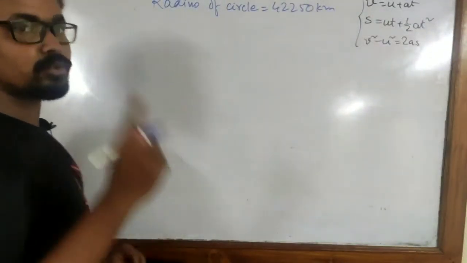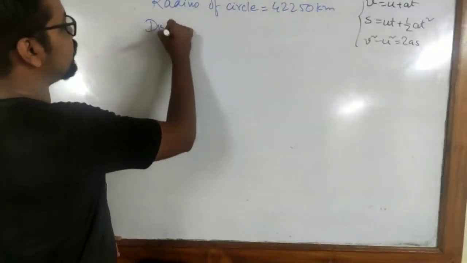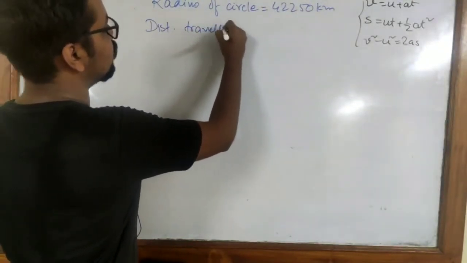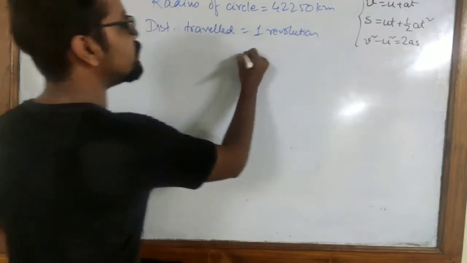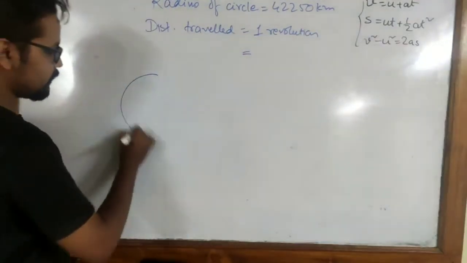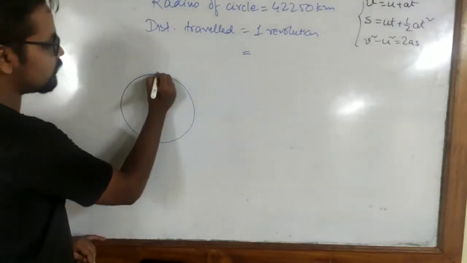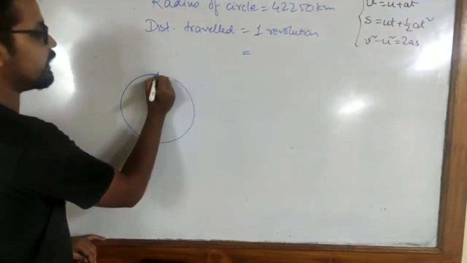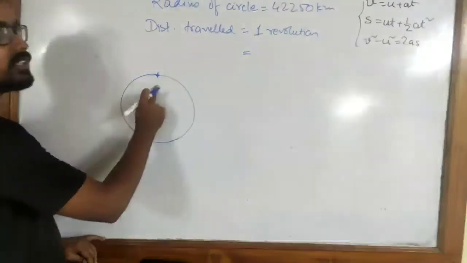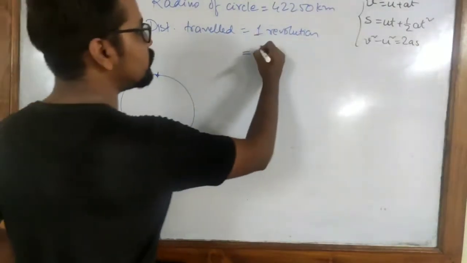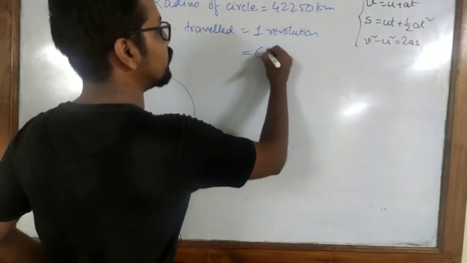So distance traveled is one revolution of the circle, right? So one revolution means what? If this is the circular path, it started from here, went one complete circle, and ended here. So what is the distance covered? This is the circumference of the circle. One revolution means circumference of the circle.